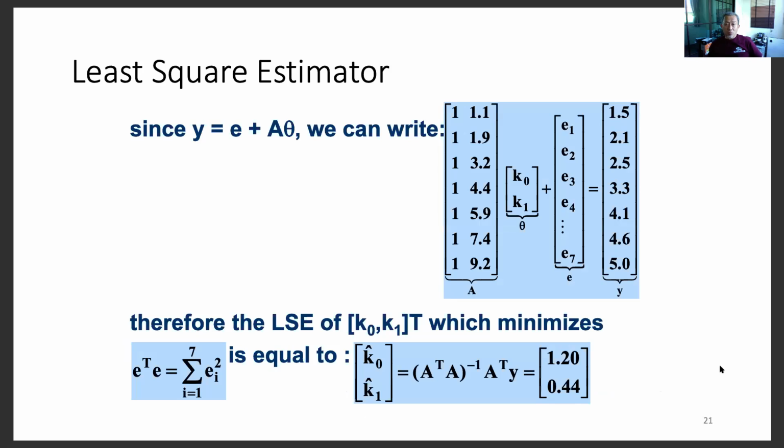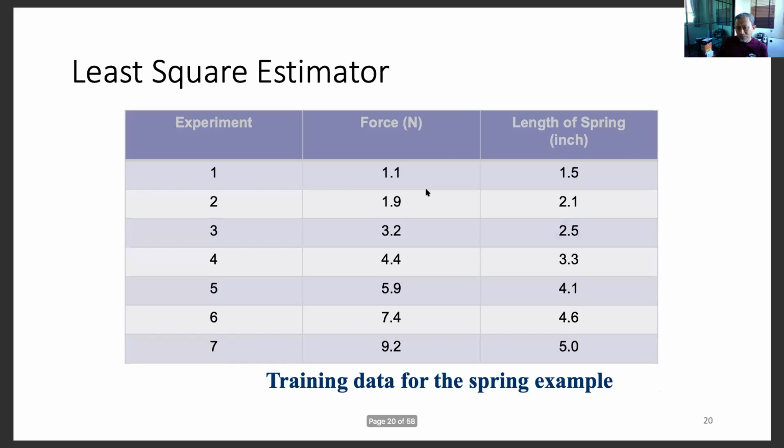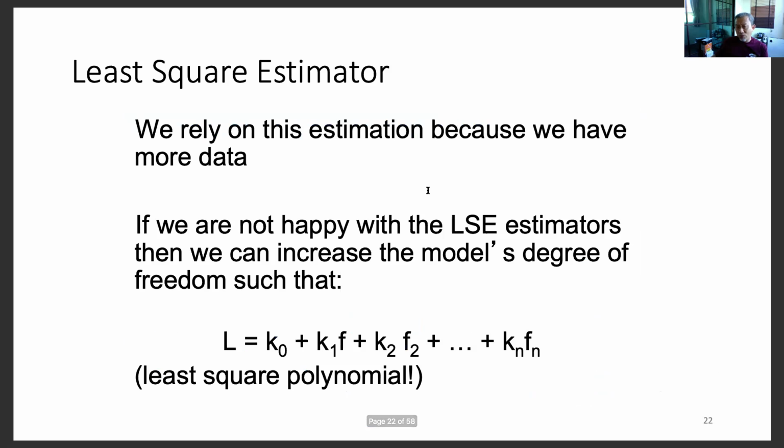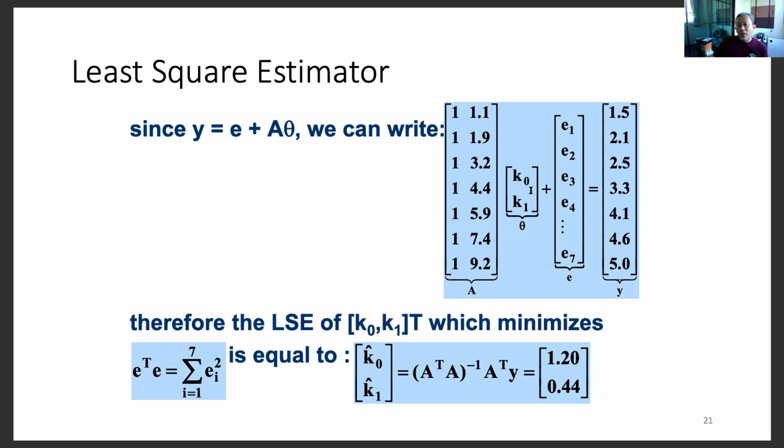So what we do is, since y is equal to A theta, we can write the equations here. 1.1, 1.9, until 9.2, multiplied by K0 and K1, plus E1, E2, E3 until E7, because we have 7 data, and the stretch in inch, 1.5 until 5.0.